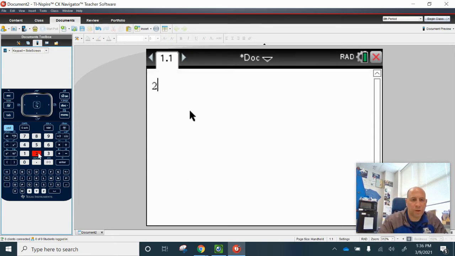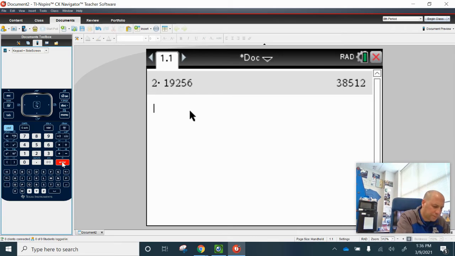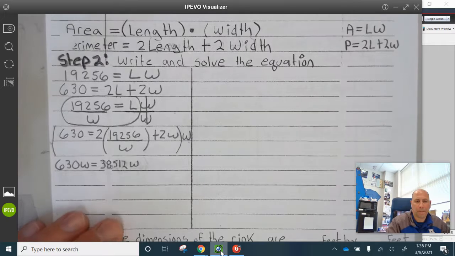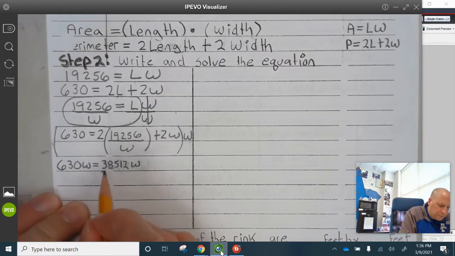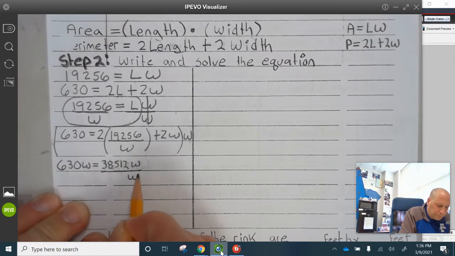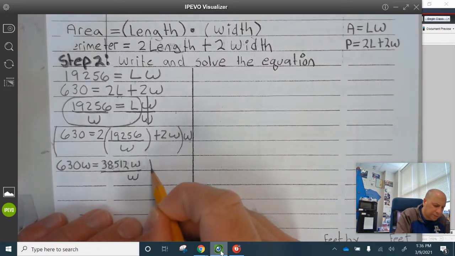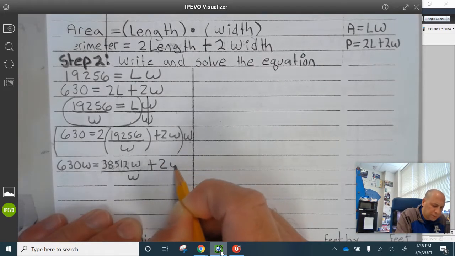So 2 times 19,256 is 38,512 W divided by W plus 2W squared.